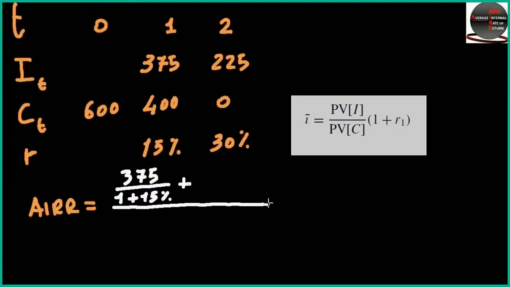Now we have the second income. The second income is discounted by 2 periods, and in the 2 periods we have 2 different costs of capital.